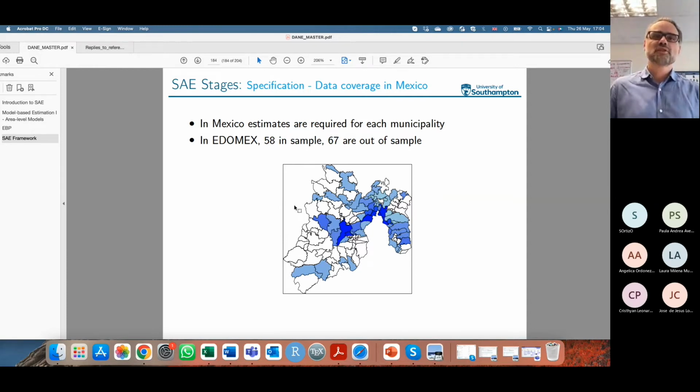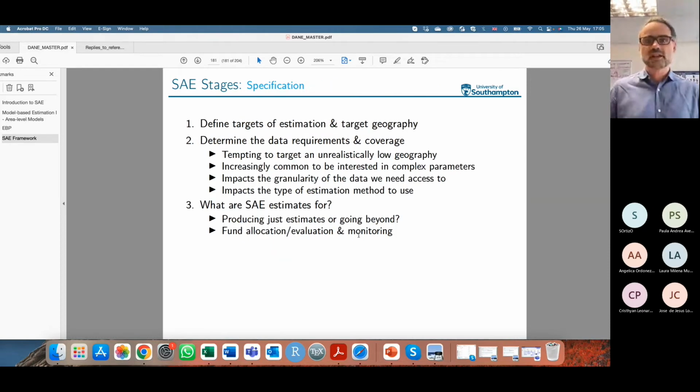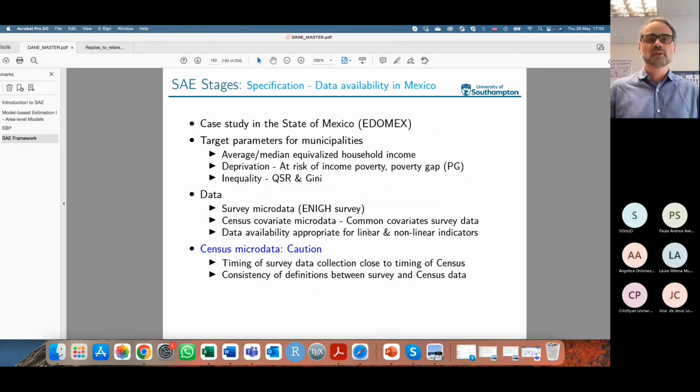And you have 58 municipalities in sample and 67 out of sample. Where you see in this plot the colored areas in different shades of blue, that tells you that the corresponding municipality has sample data present in the survey dataset. So in the ENIC, let me go back to the ENIC survey. That's how the survey is called.